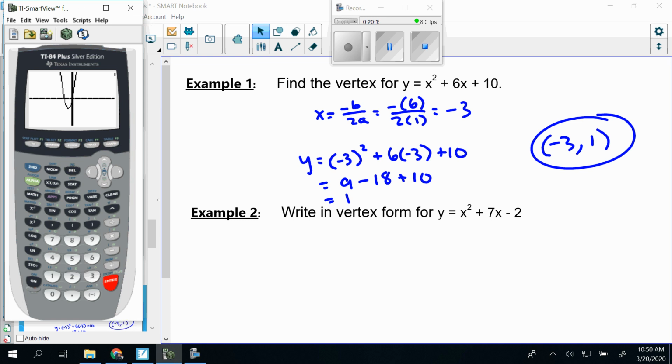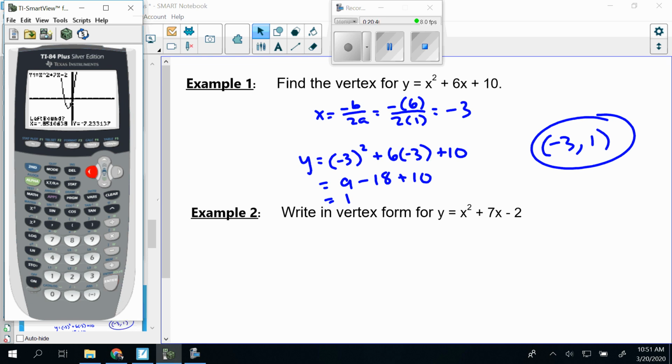And then what I'm going to do here to get that vertex, if you go to second, calculate, on the trace button, you can use that min and max again to find the vertex. This one's a minimum, so I'm going to select minimum here. You need a point to the left and right of where that minimum is.